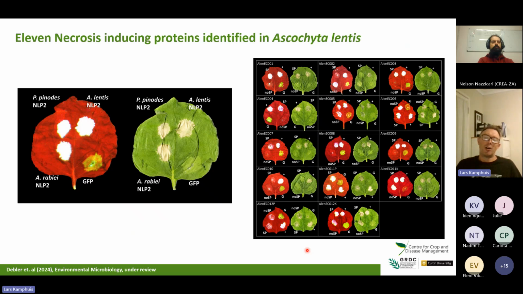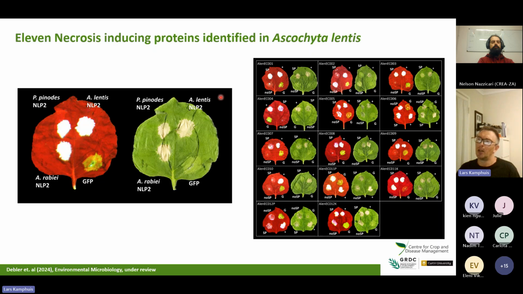So we ran our genome annotations through what we call an effector prediction pipeline to try and identify other genes that might be important for pathogenicity or causing disease.